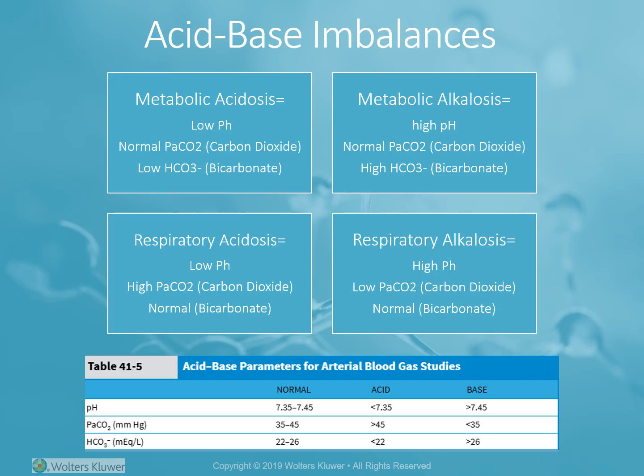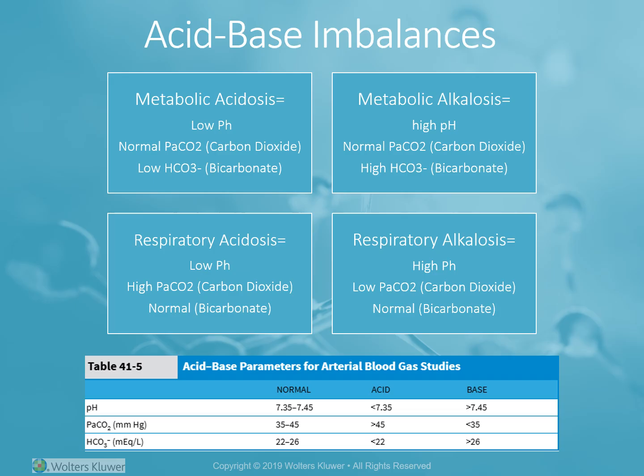But when one or both of the systems fail, then you're going to have an acid-base imbalance, either acidosis or alkalosis. Acid-base imbalances include metabolic acidosis, which occurs when there's a deficit of bicarb, which is the base in the extracellular fluid. This can result from either having too much acid or you've lost too much bicarbonate, such as through diarrhea or renal dysfunction.